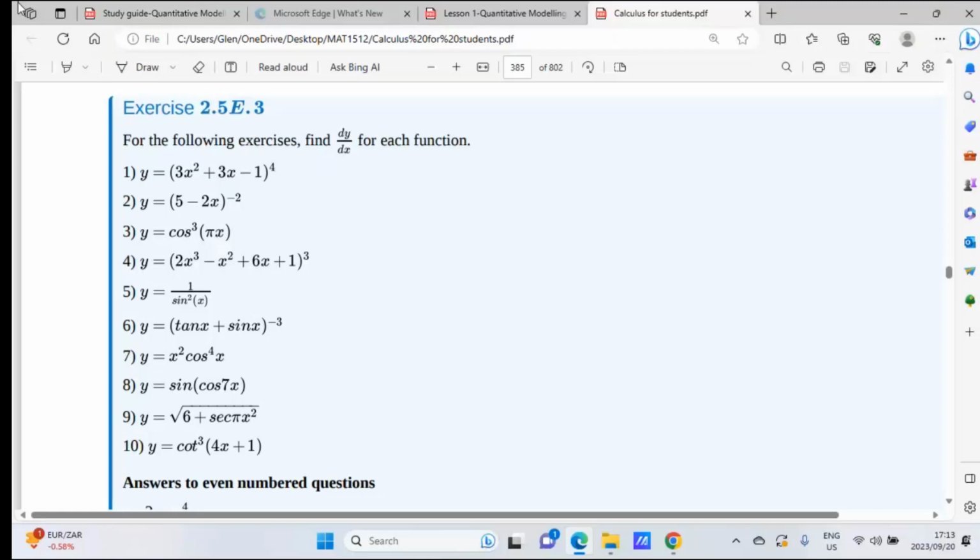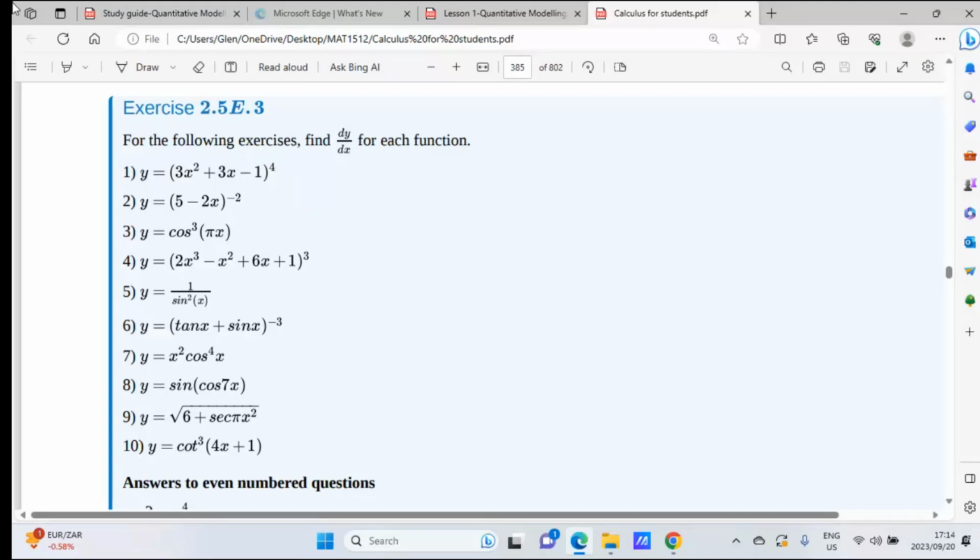Can I repeat what you just said? You said I should write pi sec squared pi x times tan pi x, open bracket 6 plus secant squared pi x close bracket to the power of negative 12.